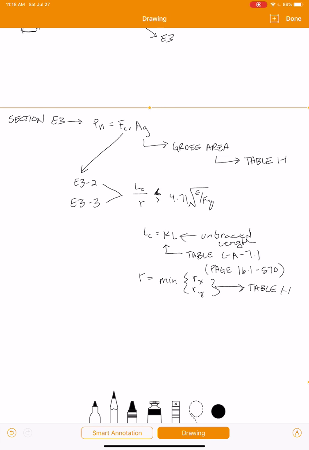So your Fcr, once you figure out which equation you're going to use, is based off of this Fe value, which is your elastic buckling stress, and you're going to determine that from Equation E3-4.